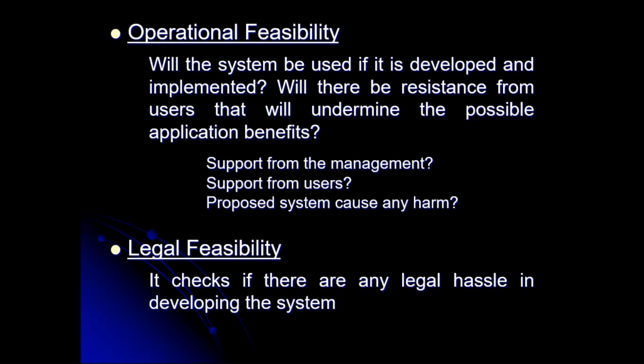Once you're done with all these 4 areas, you give a feasibility report to the company's management. Based on your feasibility study, they will decide whether to continue with the given project or not.